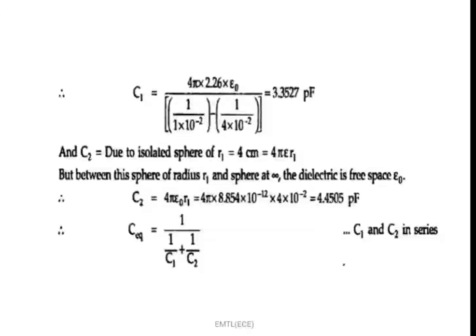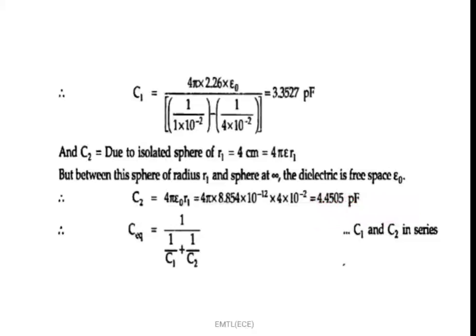So C2 capacitance value is equivalent to 4 pi epsilon naught R1, which is equal to 4 pi into 8.854 × 10^-12 into 4 × 10^-2. So this value is equal to 4.4505 picofarad.